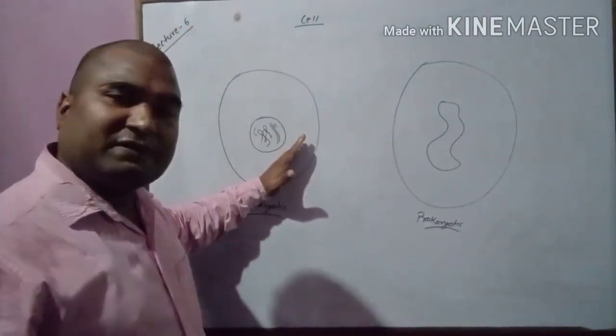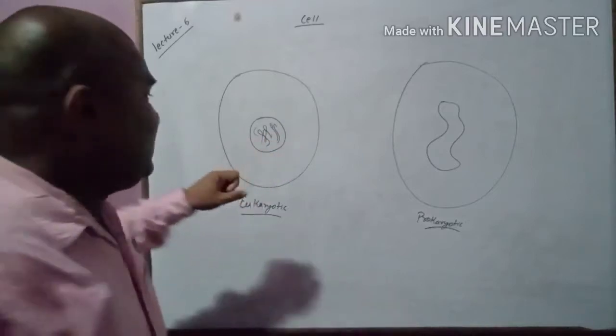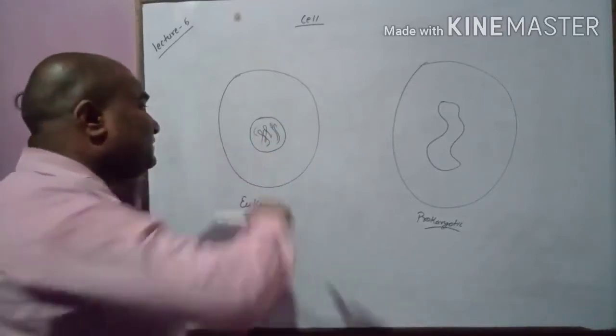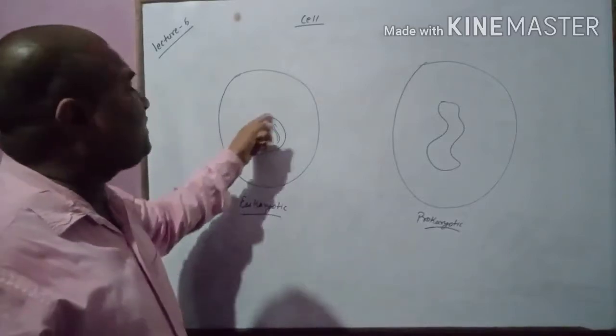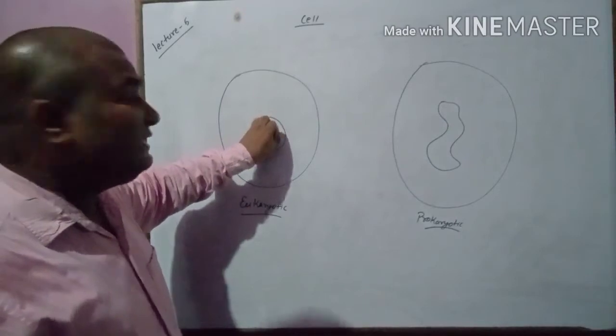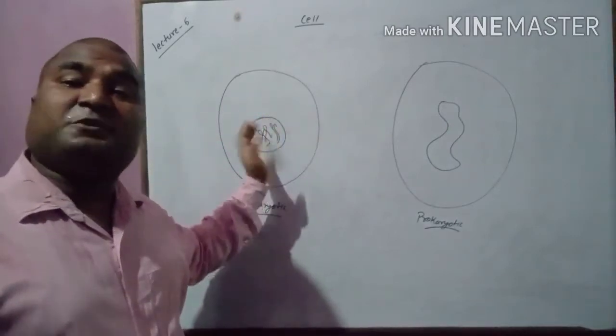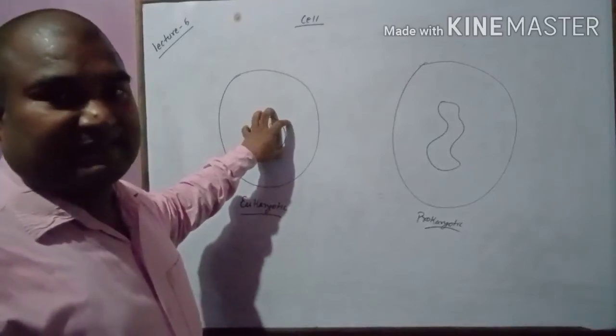Genetic material is present in the prokaryotic cell also, and in the eukaryotic cell also, but the difference is that the genetic material is present inside the nucleus, and the nucleus has a nuclear membrane. It means the genetic material is separated from the cytoplasm and is well organized.